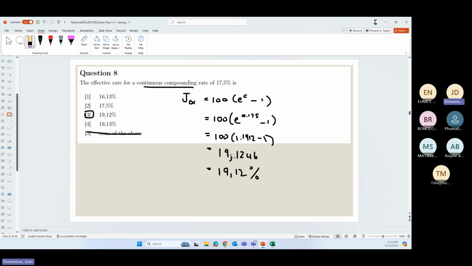But again, please at this stage use the calculator, so that we don't round off to something wrong. So number 3, the 19.12 is the correct one. Awesome.